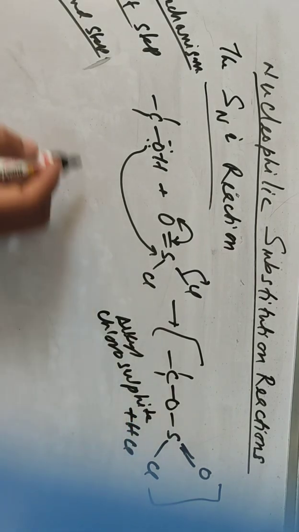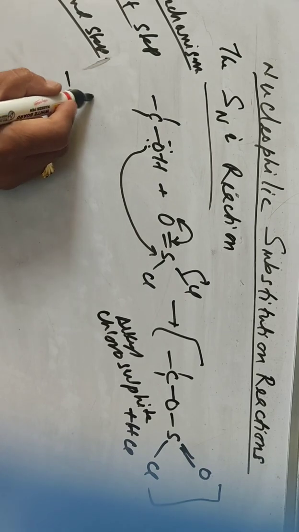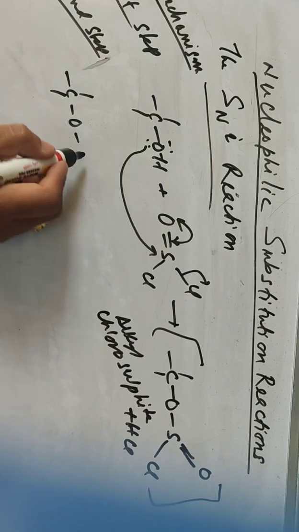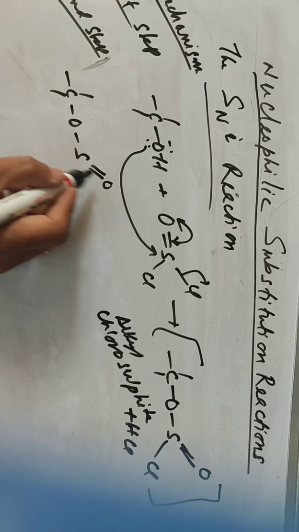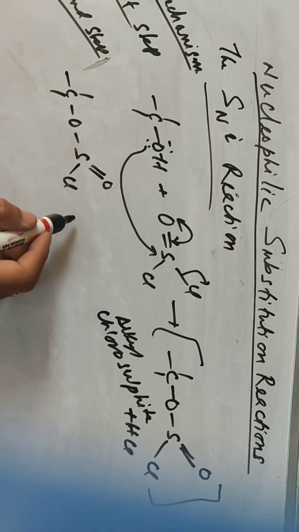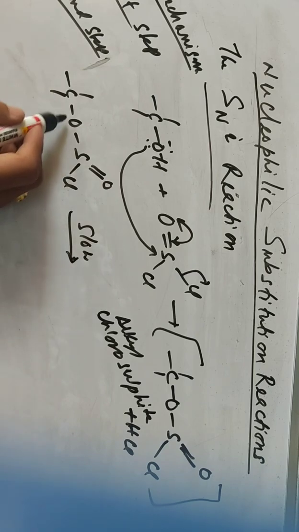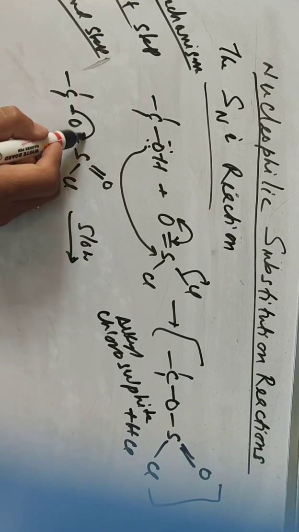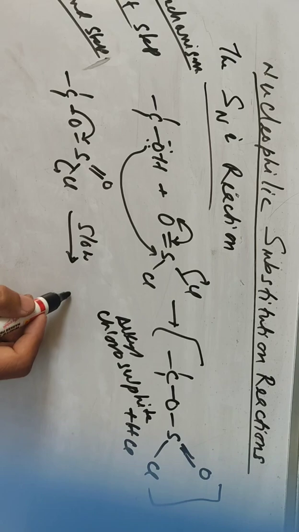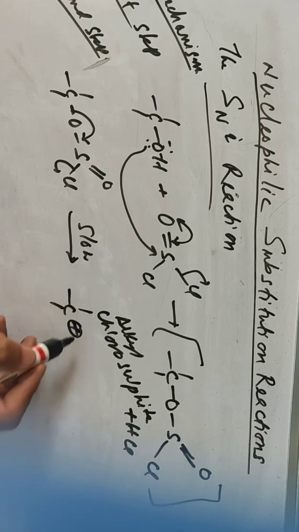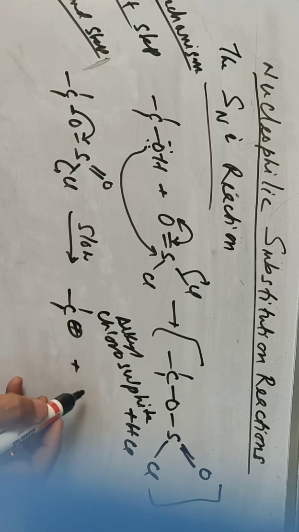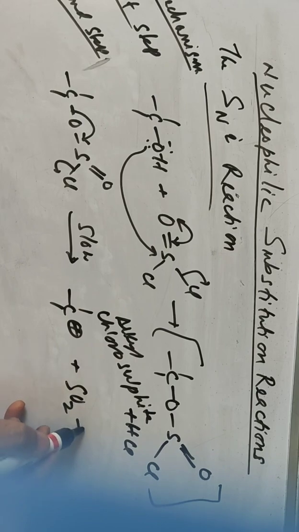So I'm repeating again, this alkyl chlorosulfite, by a slow process, dissociates to a carbocation, and then we have sulfur dioxide and Cl.